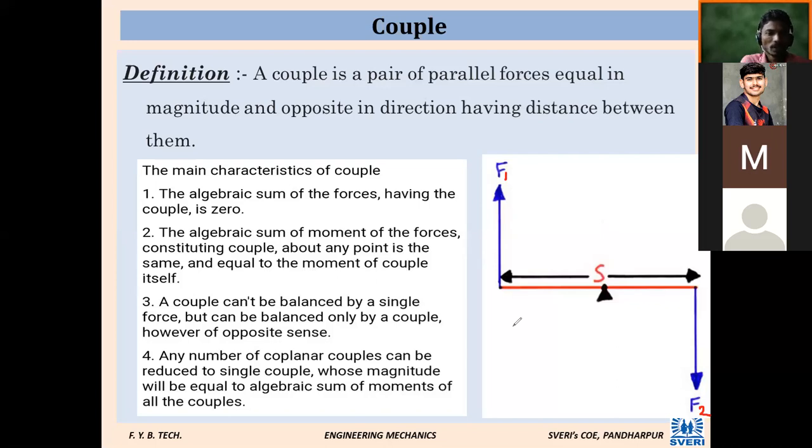Moment is equal to the magnitude of force into perpendicular distance. Then a couple can't be balanced by a single force. After studying the example, you will come to know that a couple can't be balanced by a single force, but it can be balanced by another couple.